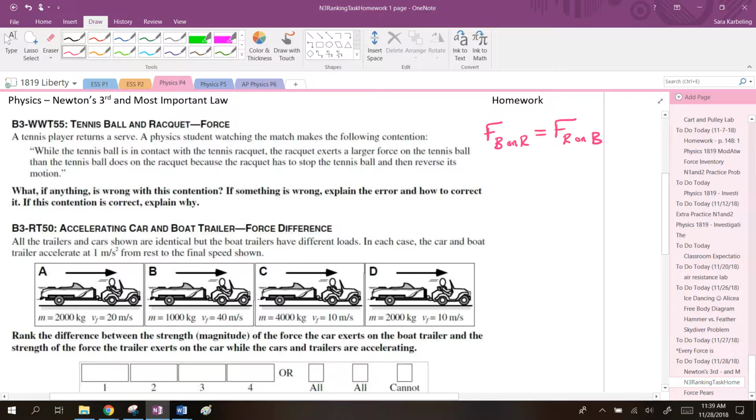So let's think about what our friend is going to say, though. The friend says, but wait, the racket has to stop the tennis ball and reverse its motion. How in the world can those forces be the same? What's your response now? Because I agree that that's true, but you've got to convince this person.